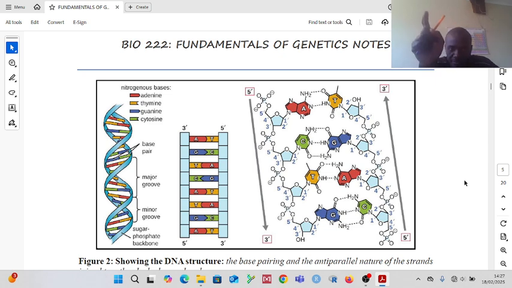A ladder will have two legs like this. Then in the middle there will be those steps. Okay? So there will be the steps running from one side of the ladder to the other side. The two sides of the ladder, those are the single strands, making the double strand.